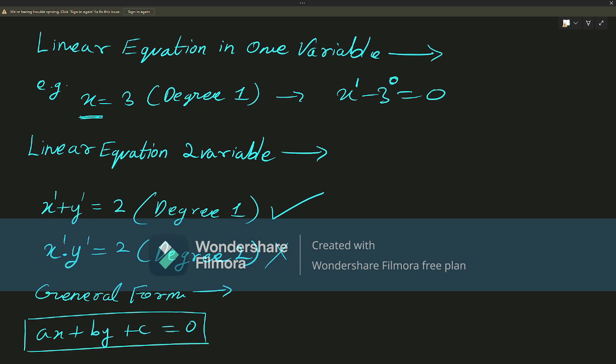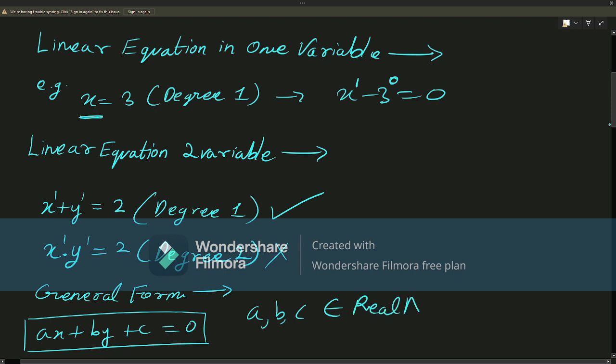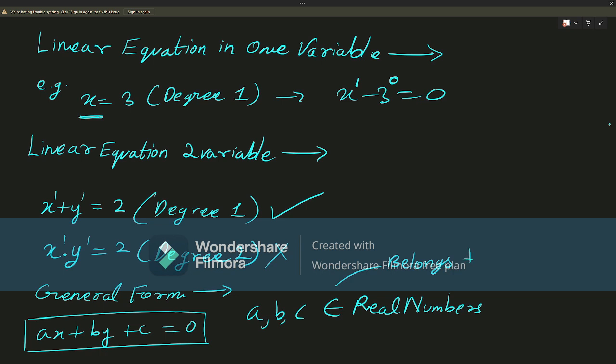And there are also some conditions on the coefficients. So a, b and c are coefficients, and all of them belong to real numbers.